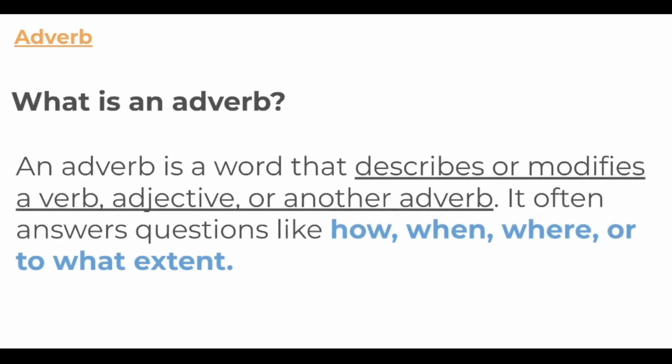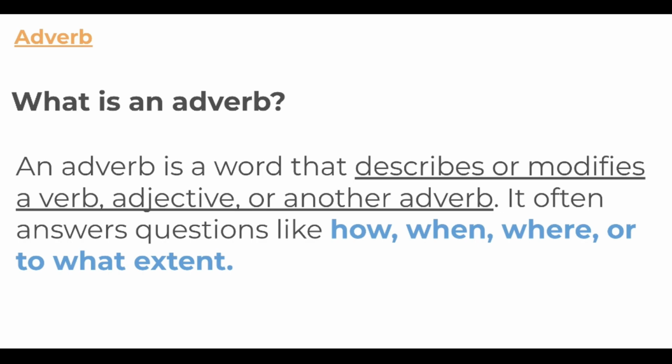So how do these differ from adjectives? Well, let's have a look. They are words that describe or modify not really nouns. They modify verbs, adjectives, and also another adverb. So when we're thinking about questions like how, when, where, to what extent, this is where adverbs come in.